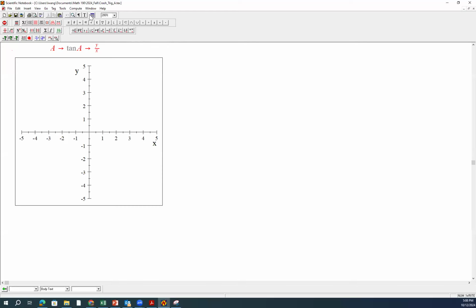Arctangent, however, takes a ratio and produces an angle. Suppose the ratio is x. This is not to be confused with the x over there. It's just the ratio. I'm not using x at all. It produces an angle.